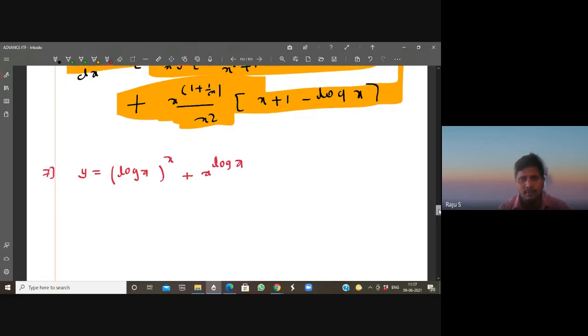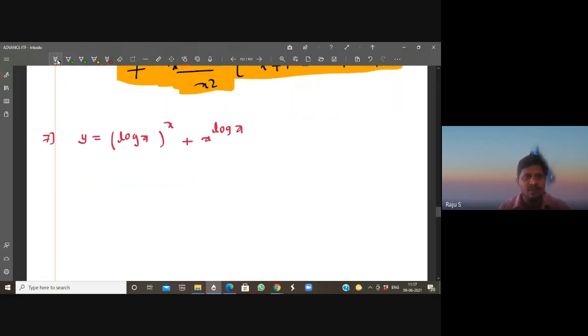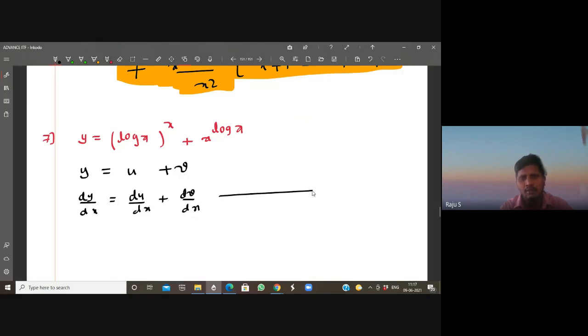Again, let us take the first one as u, the second function as v, then y is equal to u plus v, then dy by dx is equal to du by dx plus dv by dx. Am I right? Now this is equation 1.